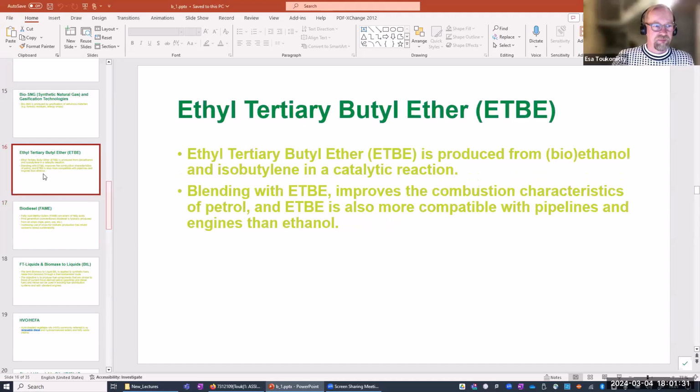Okay, so the previous slide was this ETBE, ethyl tert-butyl ether, and sorry that I usually draw these molecules if they are as simple as these, but now I had some problem with the ChemDraw drawing program.